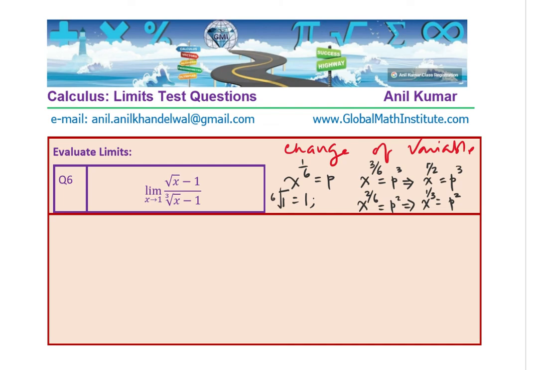So, let me rewrite this expression. I could write this expression as limit p approaches 1. Square root of x, as we did just now, is p cubed. So I'm going to write this as p cubed minus 1, and the denominator is p squared minus 1. This we have done so many times in this video.